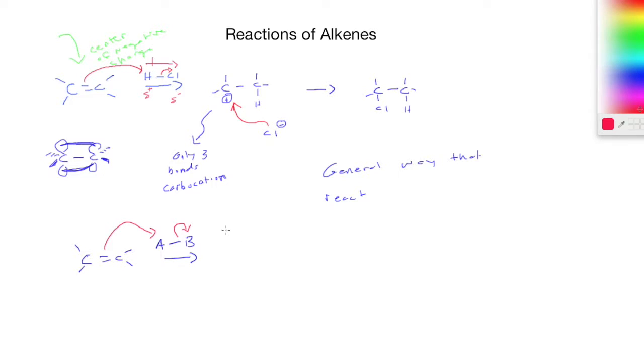Remember, we have 2 arrows, because we're showing our full arrows because we're showing the full movement of 2 electrons.